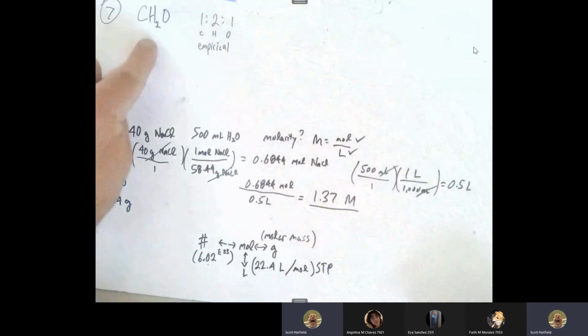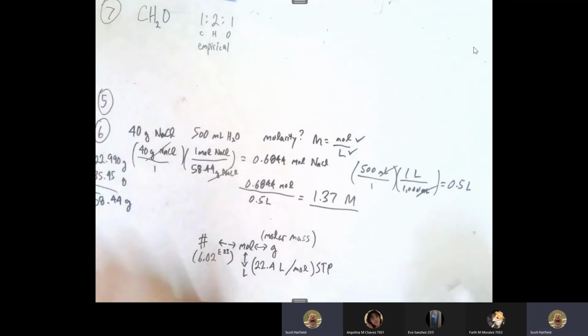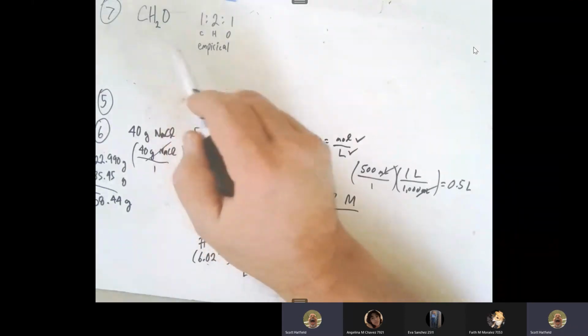Now what we want to do is determine what the actual molecular formula is. The actual molecular formula is something different. So how do we determine it? Well, our first move is we're going to need to get the molar masses based upon this. This is not the actual formula, but this is their proportions.